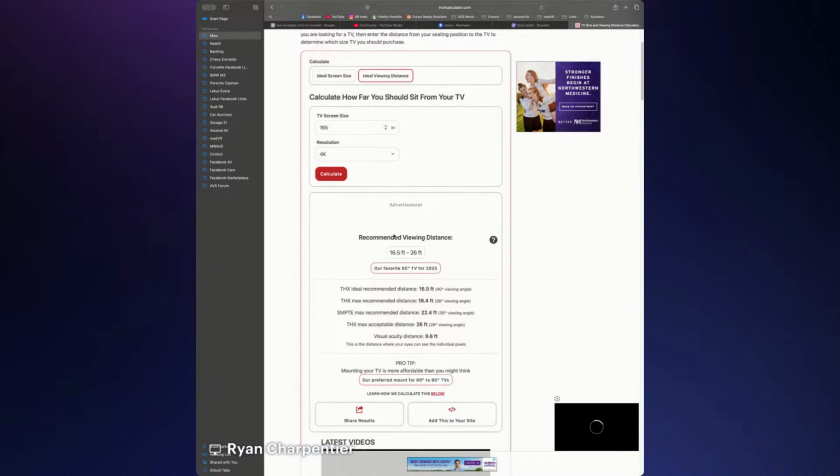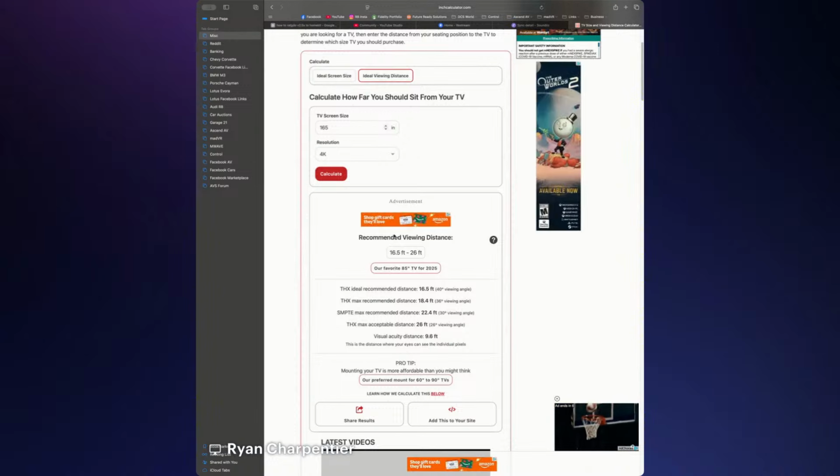It says I need to be between 16 and a half and 26 feet for that screen size. 26 feet is outside my back wall. My back wall is 21 feet away from the screen. This says I would need to effectively add another 6 feet on top of that.